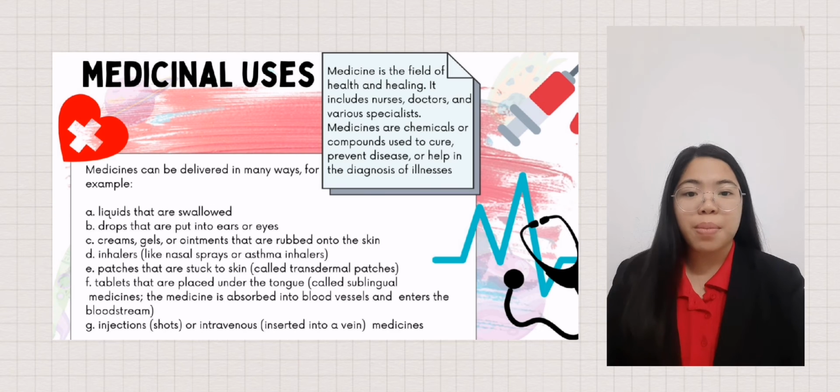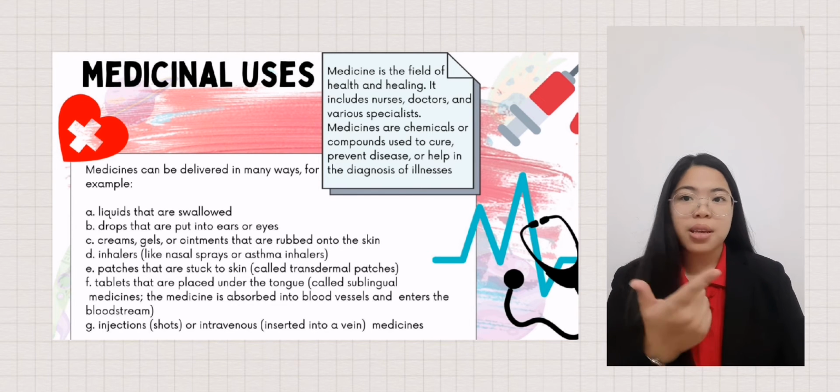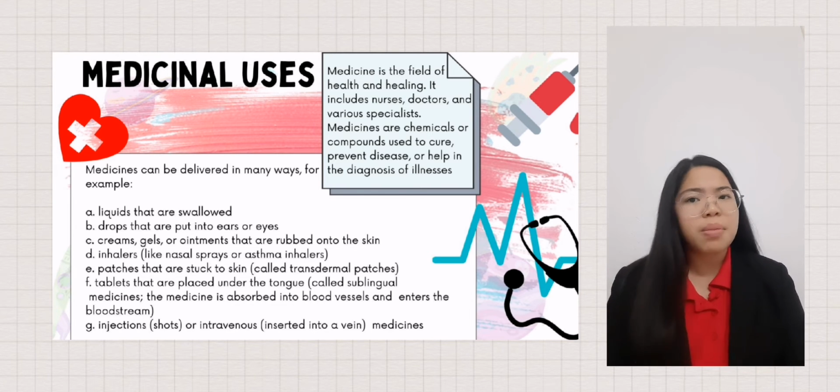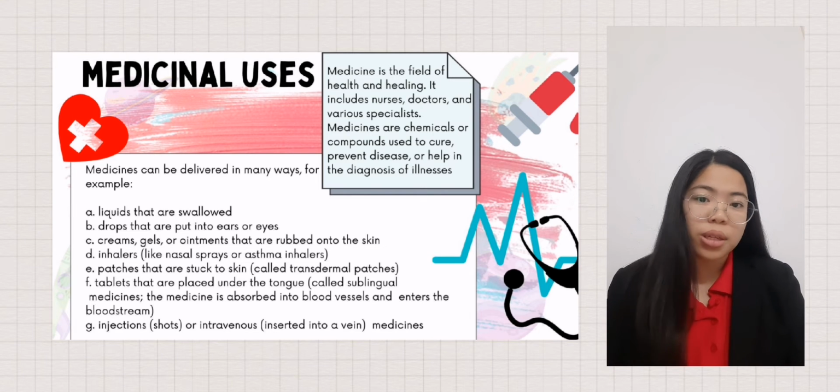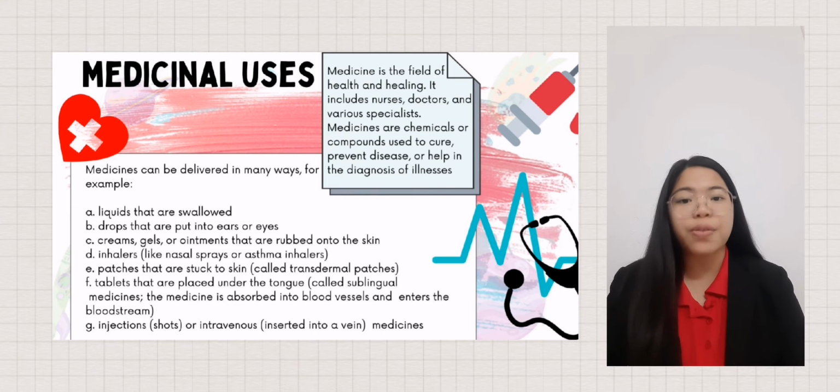Next is about medicinal uses. So what is medicine? Medicine is the field of health and healing. It includes nurses, doctors, and various specialists. Medicines are chemicals or compounds used to cure or prevent disease or help in the diagnosis of illness.